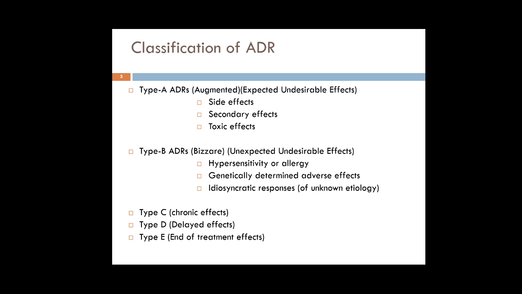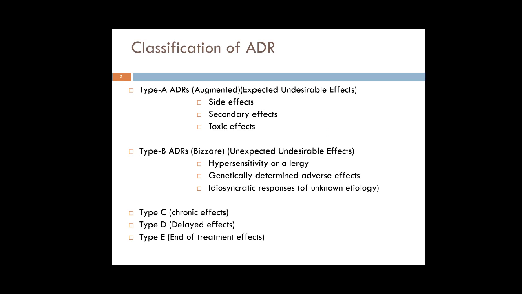And type B is unexpected, meaning you're giving the medication and the doctor doesn't have any idea about the side effect which will get produced. So these are type B ADR, that is bizarre adverse drug reactions, which are hypersensitivity or allergy, genetically determined adverse drug effects, and idiosyncratic response of unknown etiology.